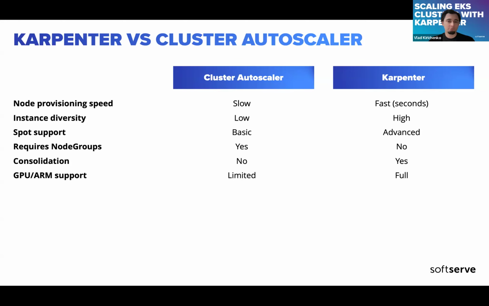Spot support. Karpenter also handles interruptions very efficiently. It does not require node groups, and it has consolidation. Also, it supports GPU and Graviton instances as well, and it can use both of them.